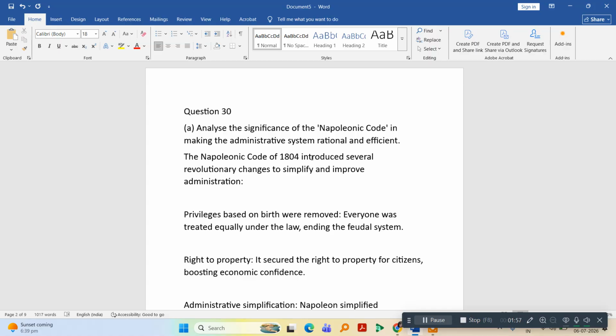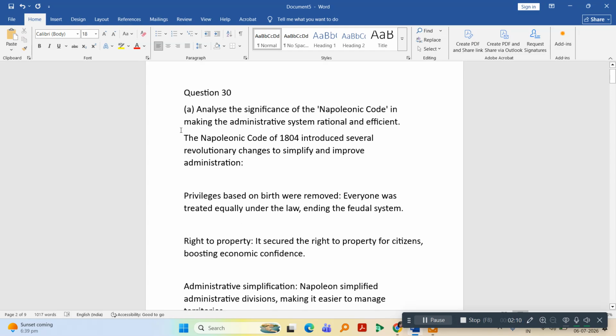Let us discuss the answer of the 30th question. Analyze the significance of the Napoleonic Code in making the administrative system rational and efficient. The answer is as follows. The first point will be written like this.